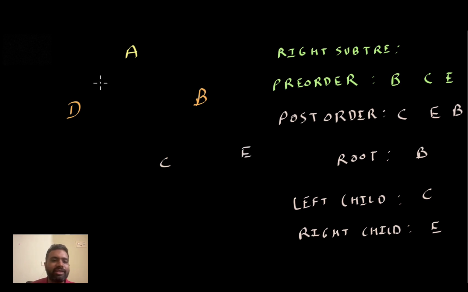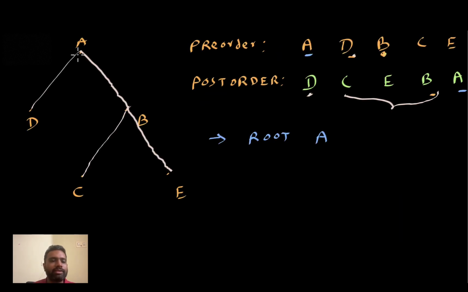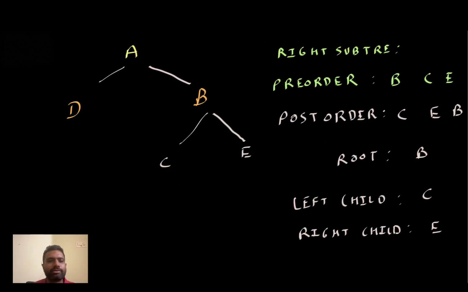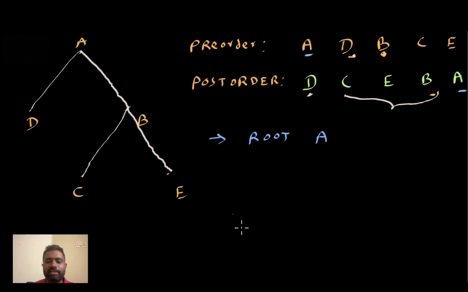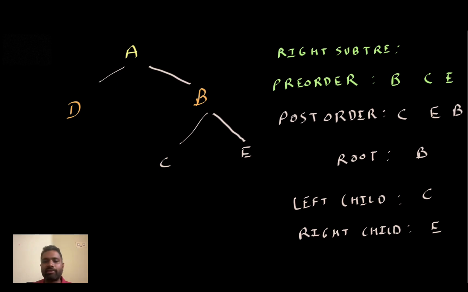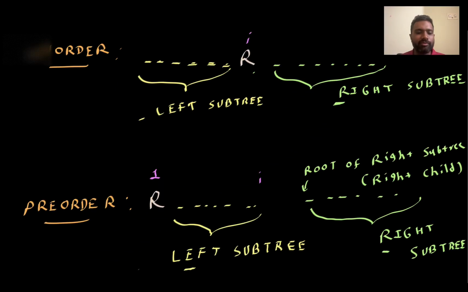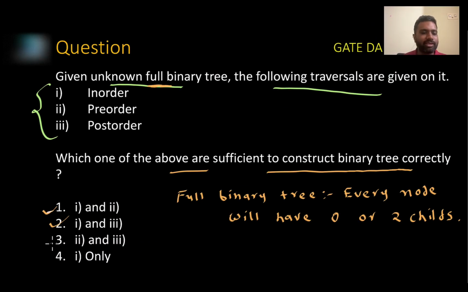So just note, did you construct the tree in the correct manner? D is a left child, A is the root, that is true. B, C and E: B is root, C is left child, E is right. So you could identify the tree correctly. The option which says that preorder and postorder is also correct, given we assume the small thing that both the left child and right child exist.